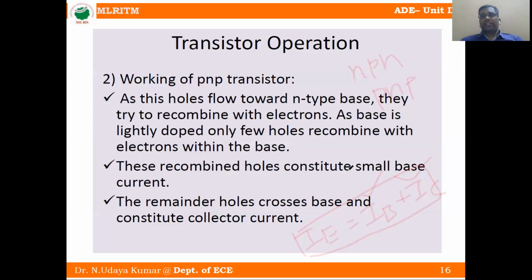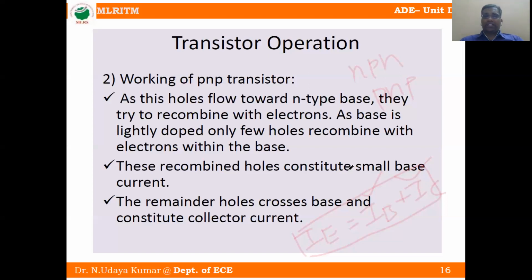Whenever the emitter base junction is forward biased in an NPN transistor, electrons move towards the base and cross the junction. Some electrons combine with the holes, which constitutes the base current, and the remaining electrons cross the collector base junction. It constitutes the collector current.